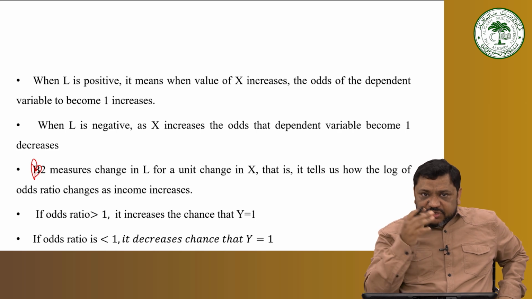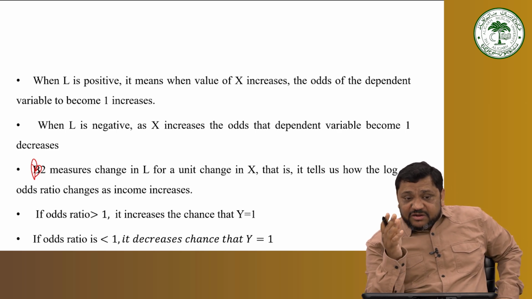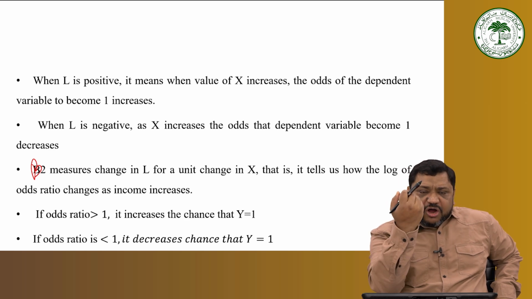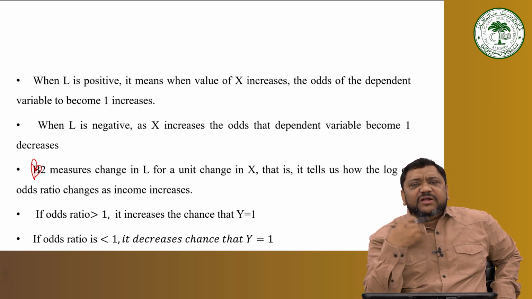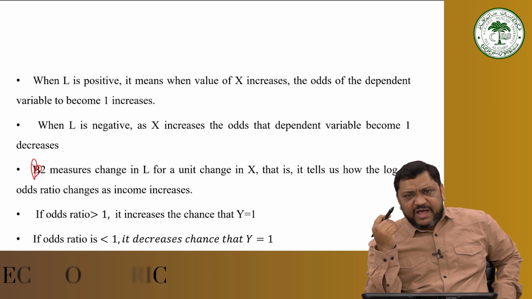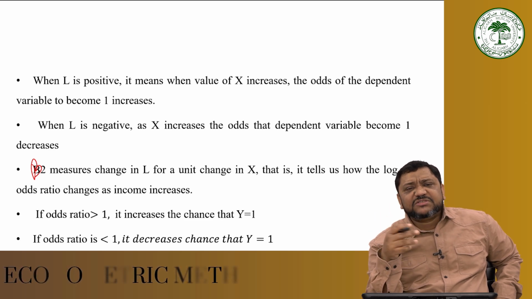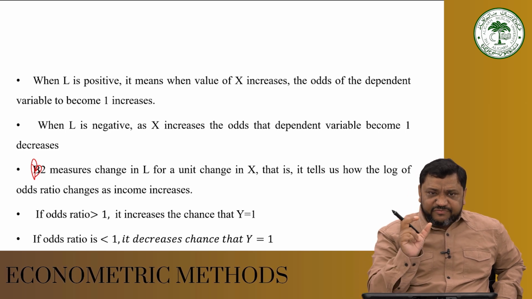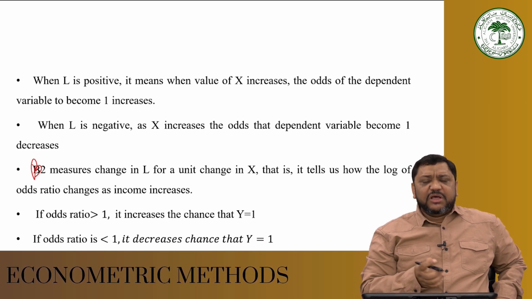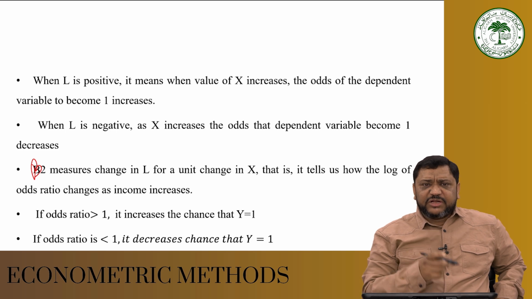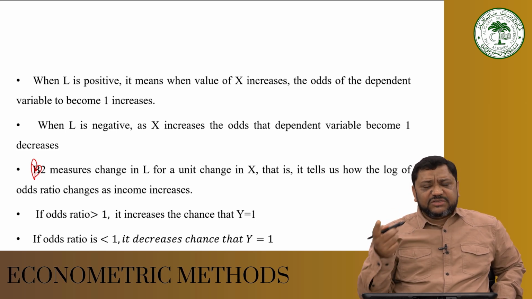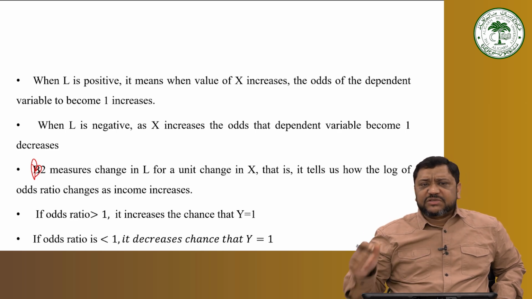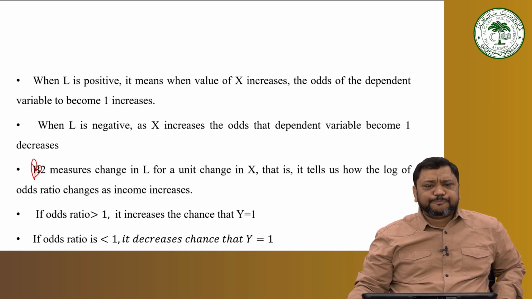So if the odds ratio is more than 1, there is a higher chance that this person will have a car, and if your odds ratio is less than 1, it decreases the chance that y is equal to 1. So this is your significance. The main thing in this logit model is the odds ratio.